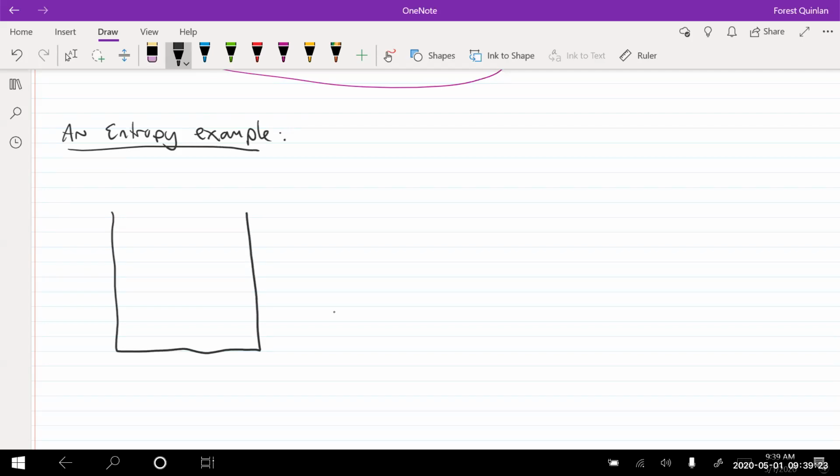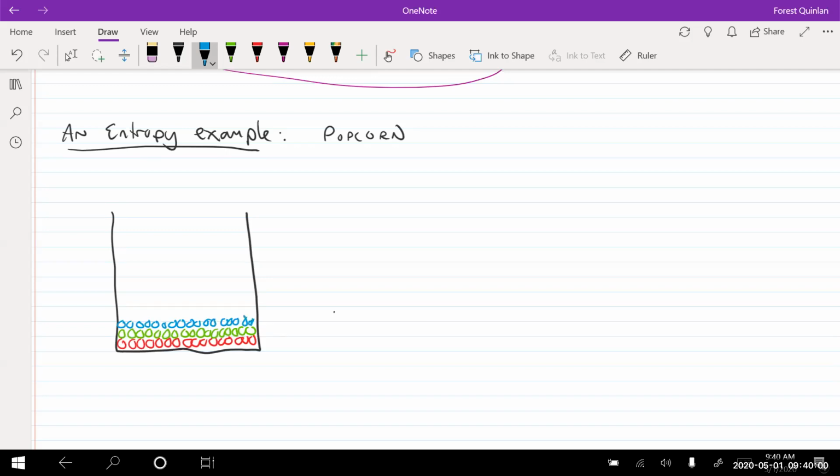All right. Popcorn. I'm going to have some red kernels of popcorn in one nice perfect layer. Then on top of that, I'm going to put some green popcorn kernels in one perfect layer. And then I'm going to have some blue popcorn kernels in one perfect layer on top of it.